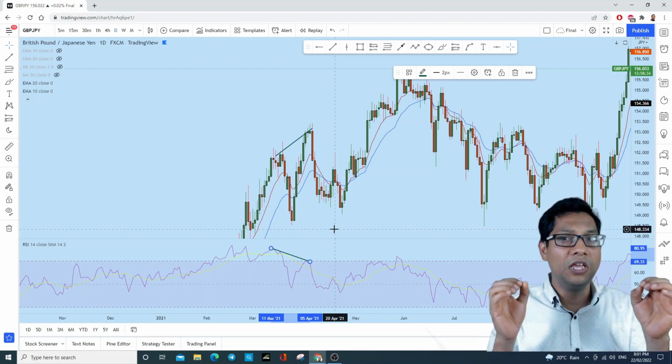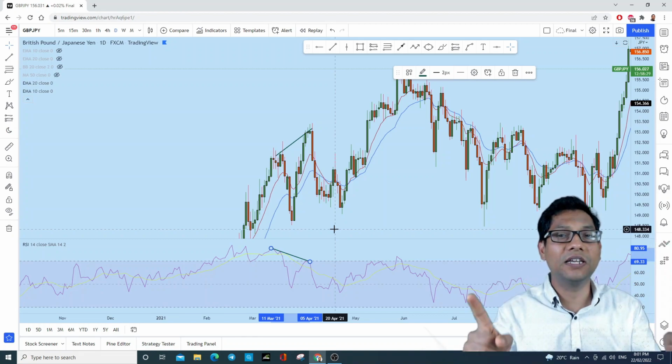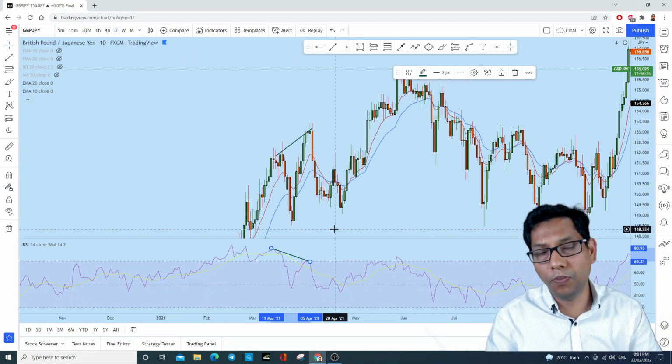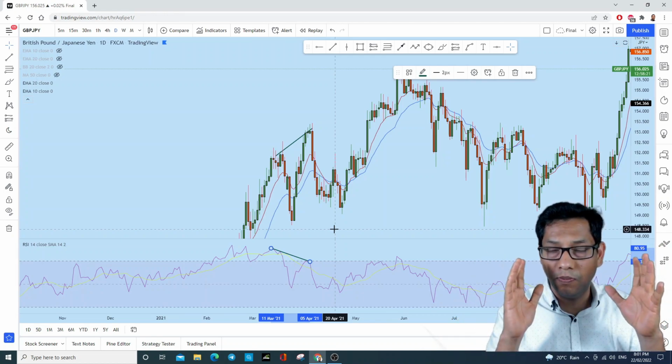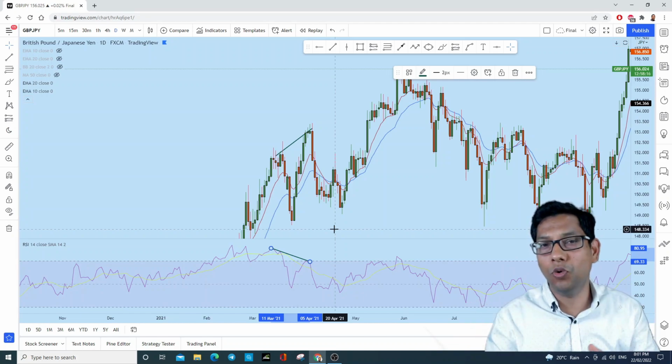Hopefully you understood how powerful this strategy is. The rest is on you, how you will apply it, but you need to do backtesting. You need to do a lot of practice so that your brain can grasp the strategy. Let me show you one more example.